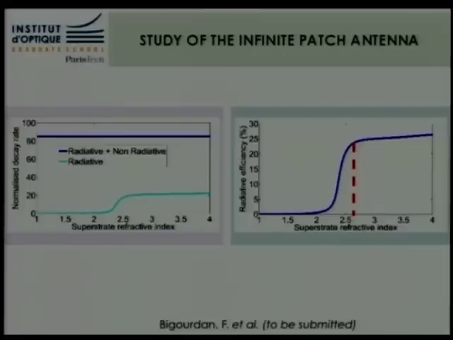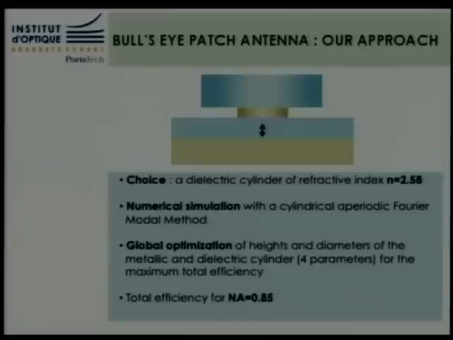However, a semi-infinite high refractive index medium doesn't exist physically, so one needs to structure also the high refractive index medium. What we propose is to use a dielectric cylinder of refractive index 2.58, which corresponds to silicon carbide at 1.55 micron wavelength.